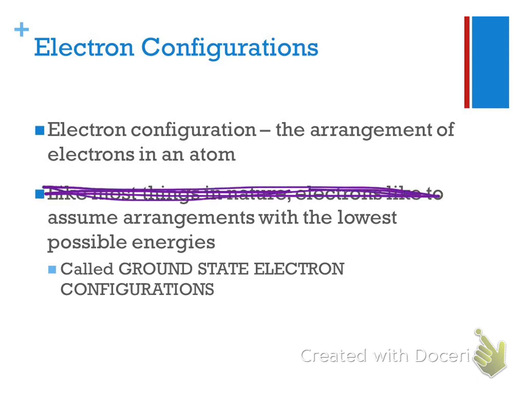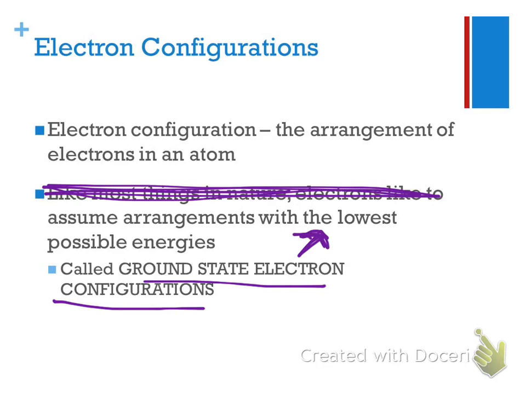You don't need to put all the extra stuff here, but we're going to look at something first called ground state electron configuration. That's when elements and atoms and electrons are all at their lowest possible energy states. They're relaxed, they're fine. They're not what we call excited state electrons.